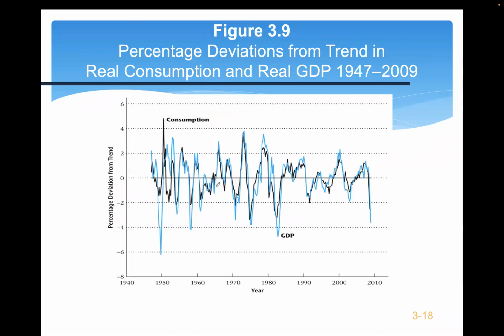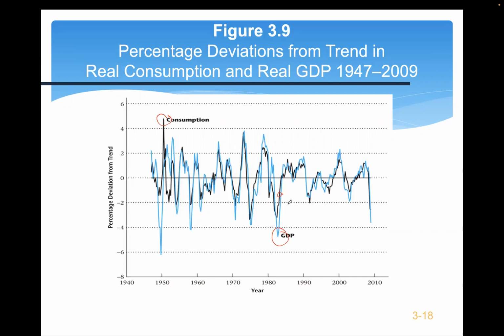Let's start with consumption. Consumption is indicated by this black line, and the GDP by this blue line. First of all, these two pretty much move in the same direction. When GDP falls, consumption falls. When GDP rises, consumption rises, right? These two are almost perfectly correlated. So number one.